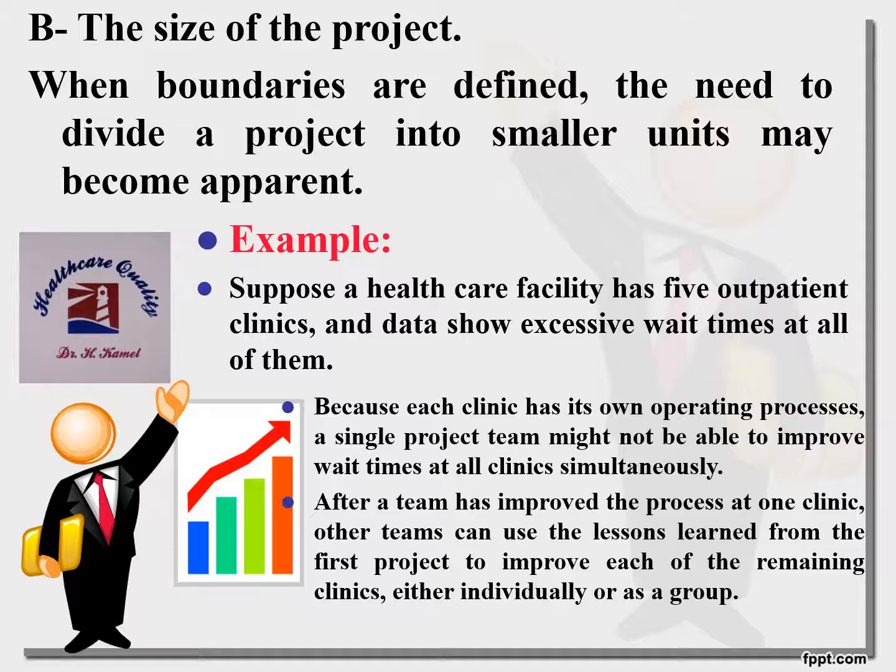Because each clinic has its own operating processes, a single project team might not be able to improve wait times at all clinics simultaneously. After a team has improved the process at one clinic, other teams can use the lessons learned from the first project to improve each of the remaining clinics, either individually or as a group.